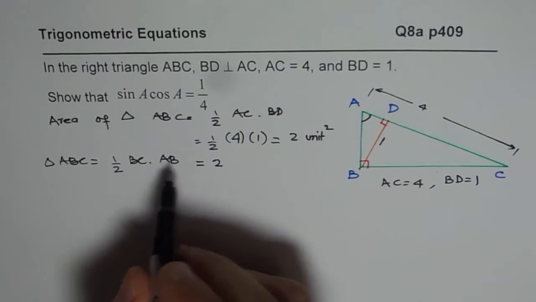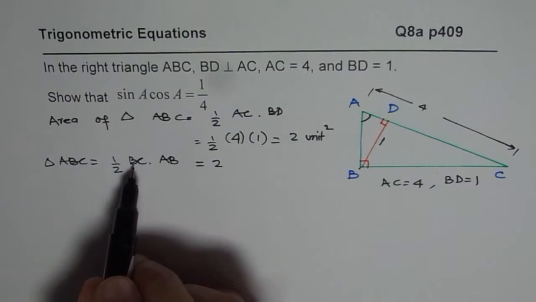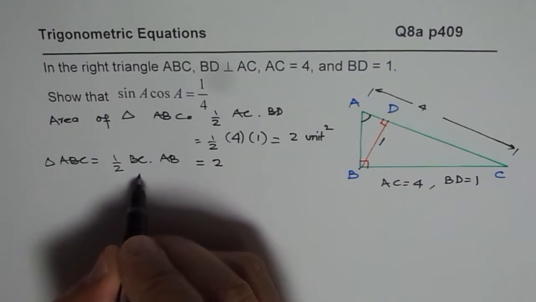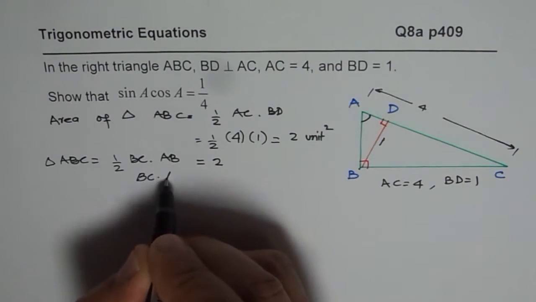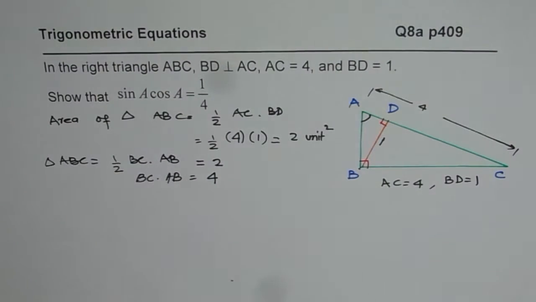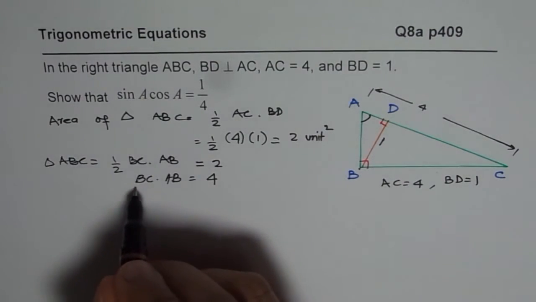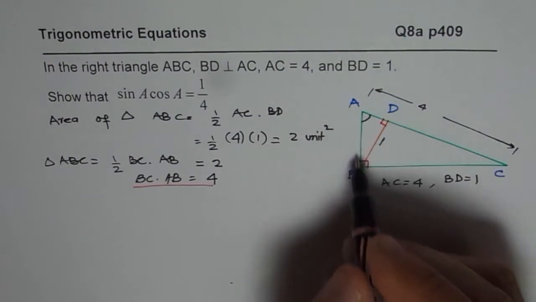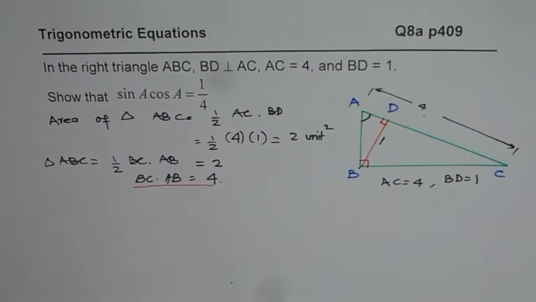From here I get an expression for BC times AB. So BC times AB is equal to 2 times 2, 4. This is a very important result: the product of these two sides, AB and BC, is actually 4.